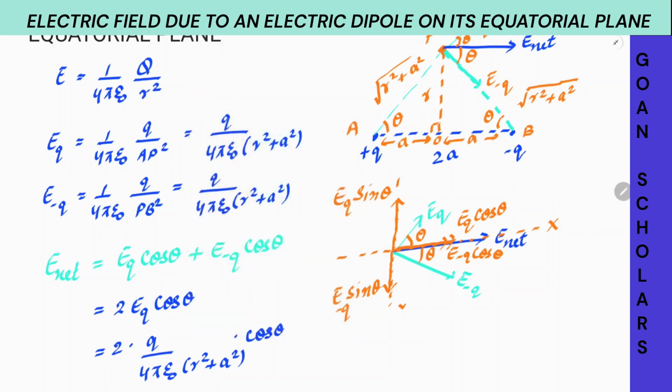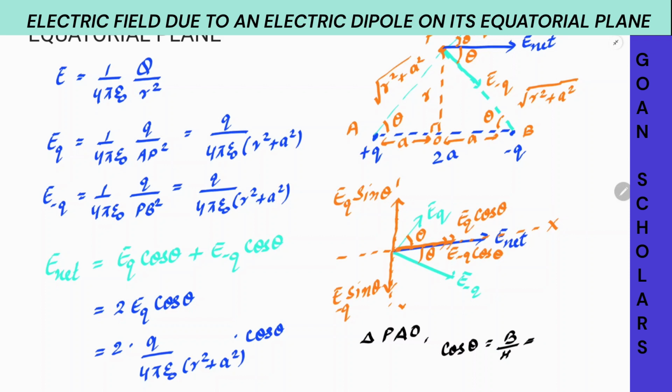Okay. So here, if you look at this triangle PAO, roughly, let me draw this triangle. Cos of angle theta is nothing but base upon hypotenuse, right? Now, what is base?